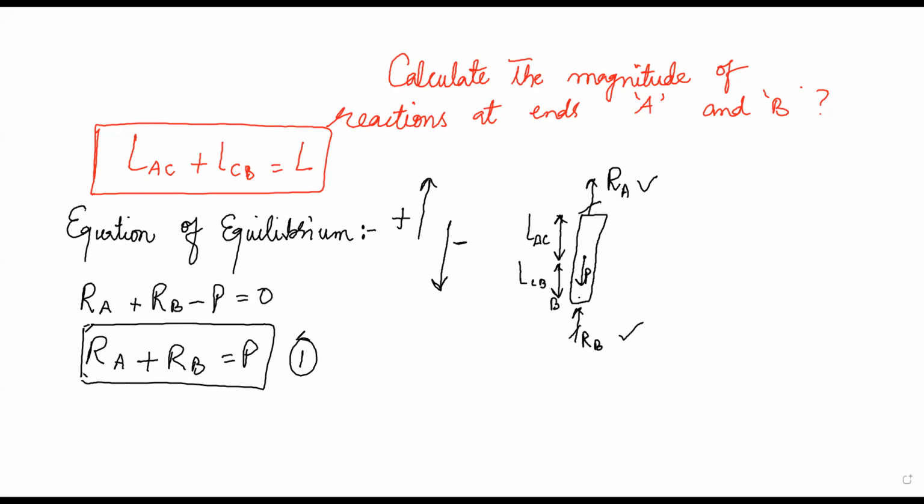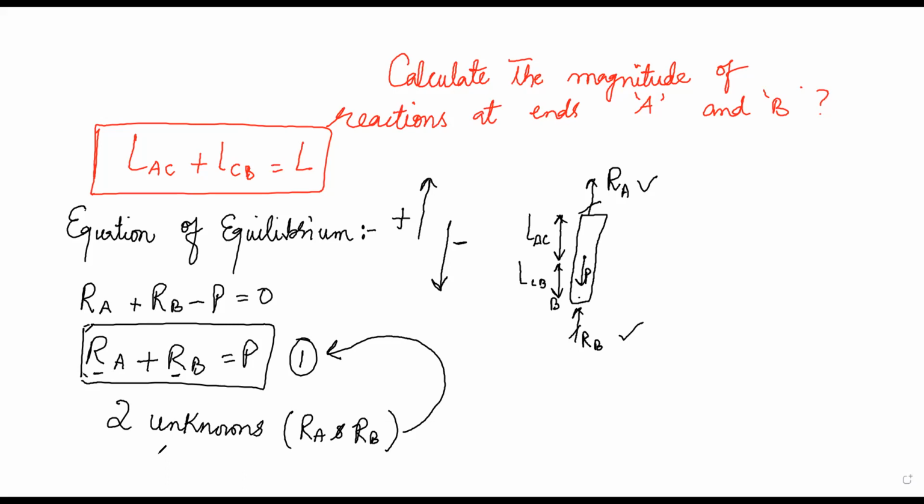Now the problem is we have to find the value of RA and RB. So we are having two unknowns. Our unknowns are RA and RB. But we are having only one equation, that is RA plus RB is equal to P. And we know from mathematics point of view, if we have two unknowns, in order to solve an equation having two unknowns, we require two equations.